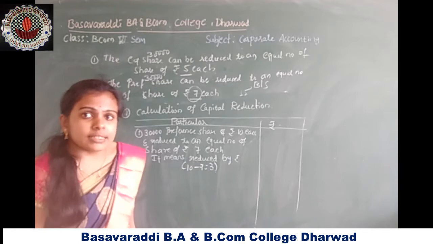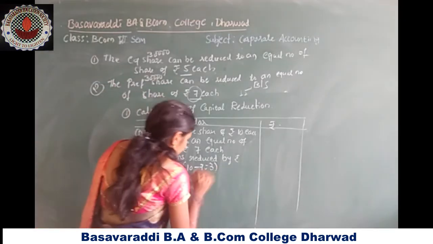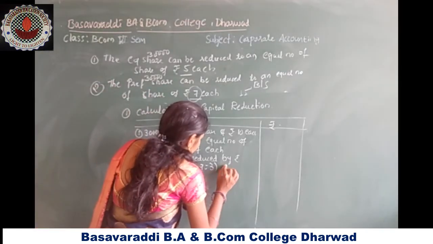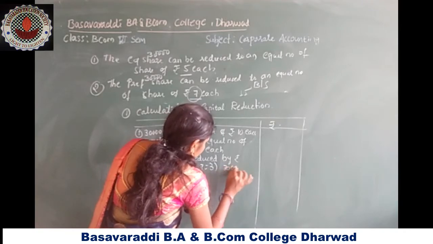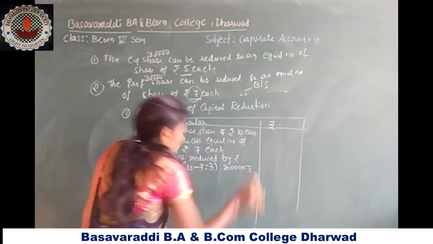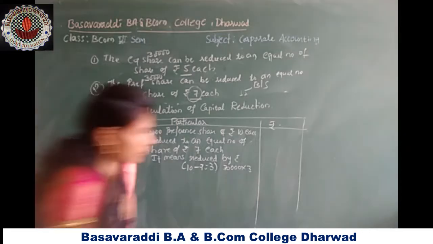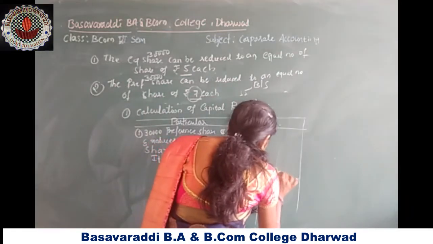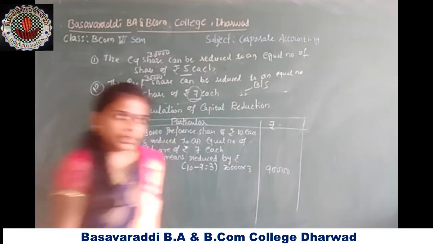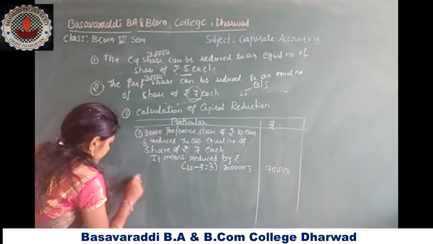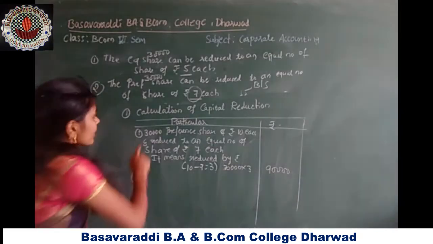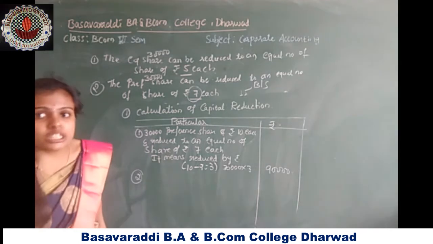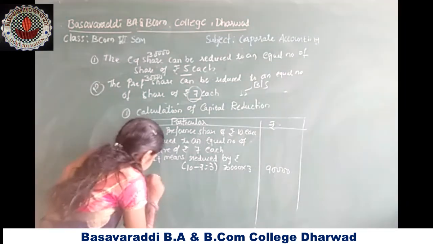How much? 30,000 into 3 is equal to 90,000 rupees. Next, second working note: 30,000 equity shares of rupees 10 each.